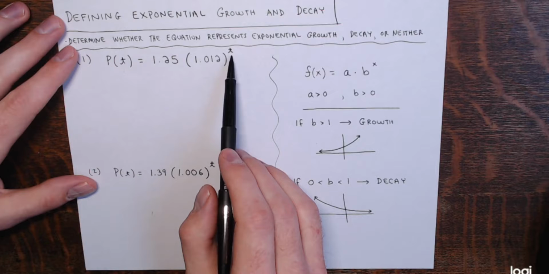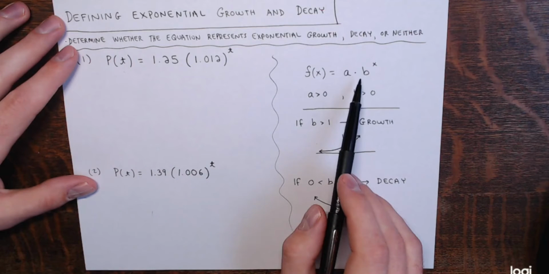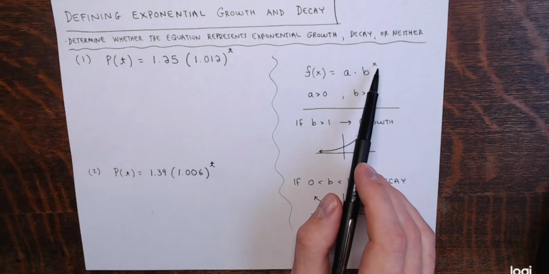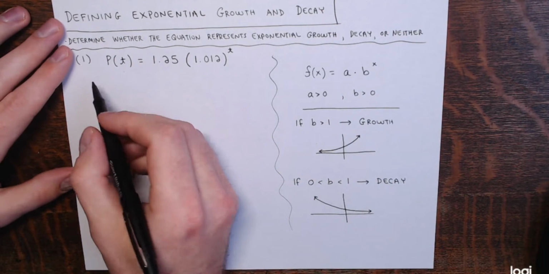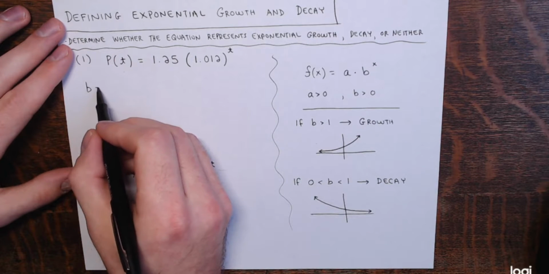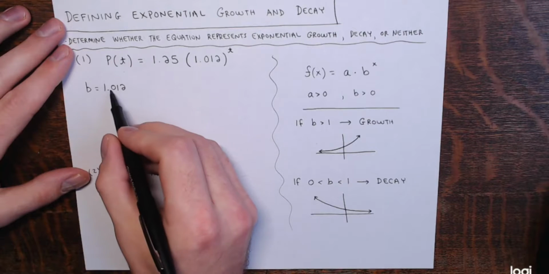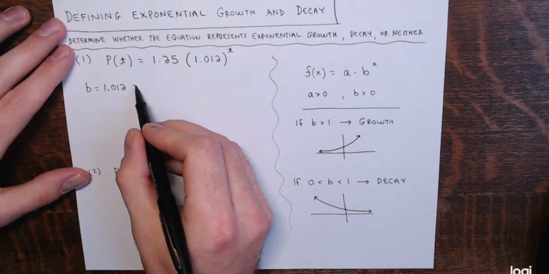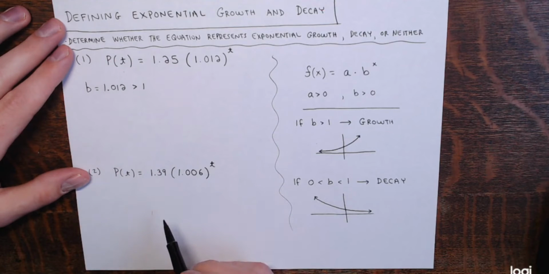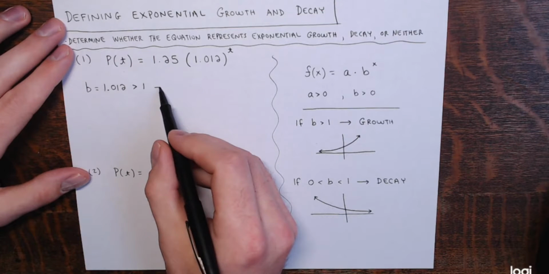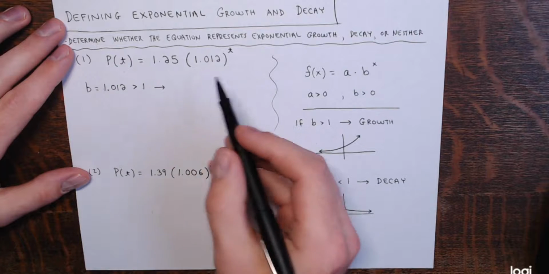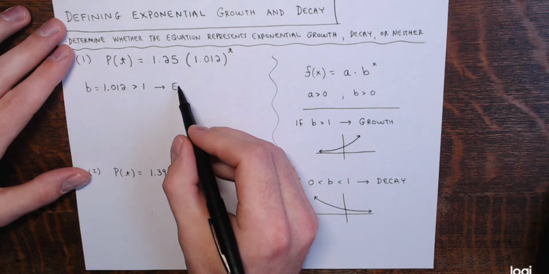Just plain old t. So it's very much the same form, but instead of x you have t. So the value of the base here is 1.012, and that's greater than 1. And the function is in this form, so we do have an exponential growth model here.